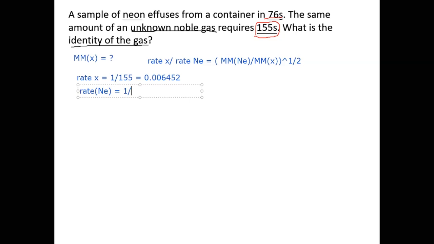So the rate of neon is 1 divided by 76. Now we know the rate of each, and the molar mass of neon is 20.18.